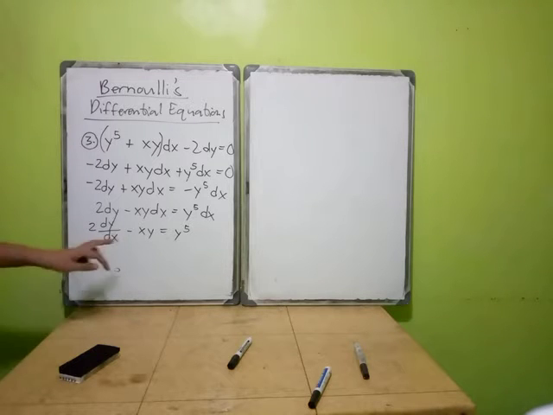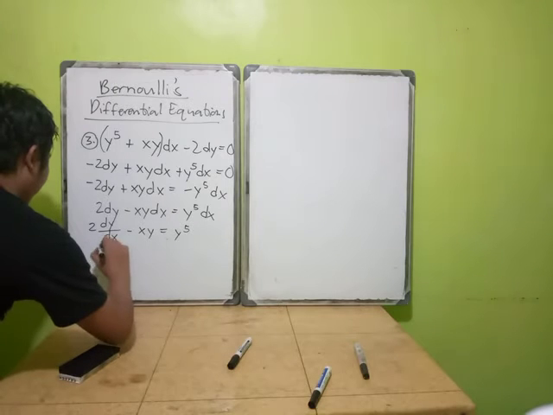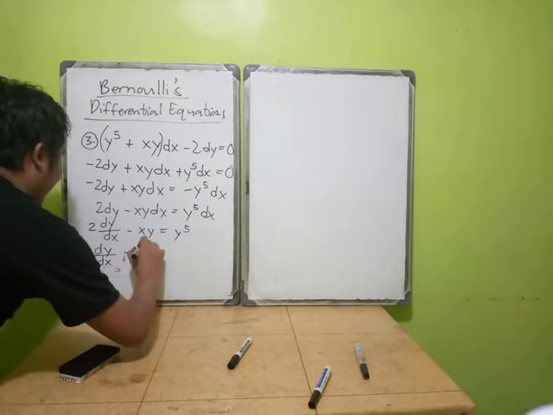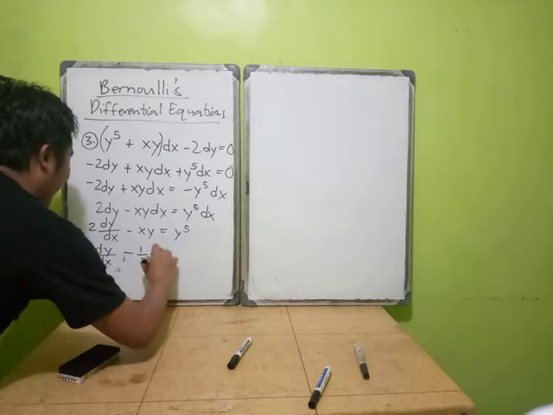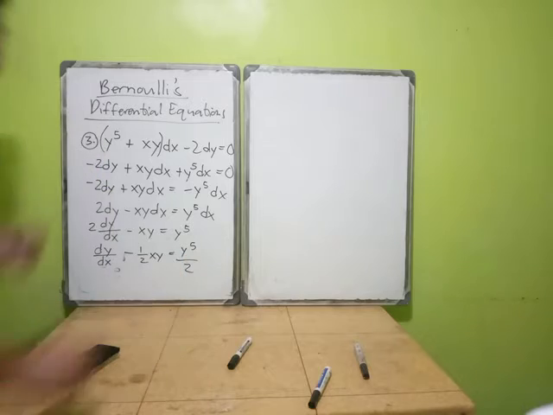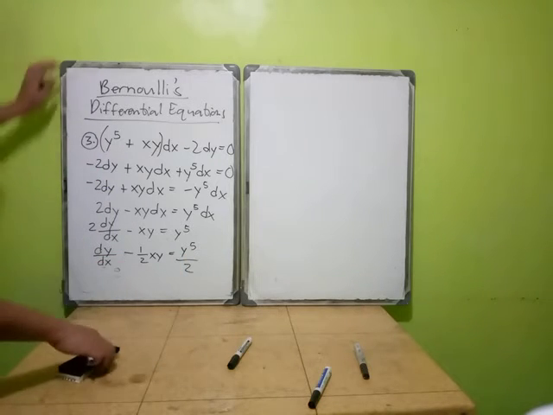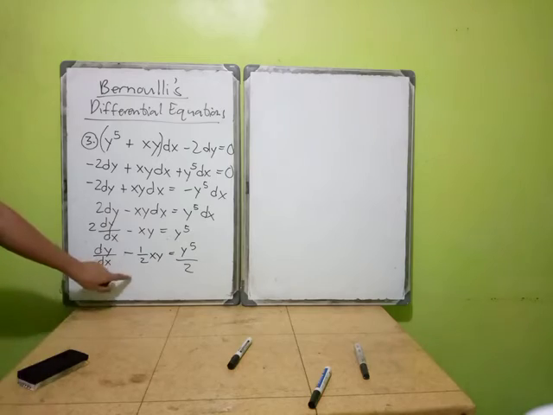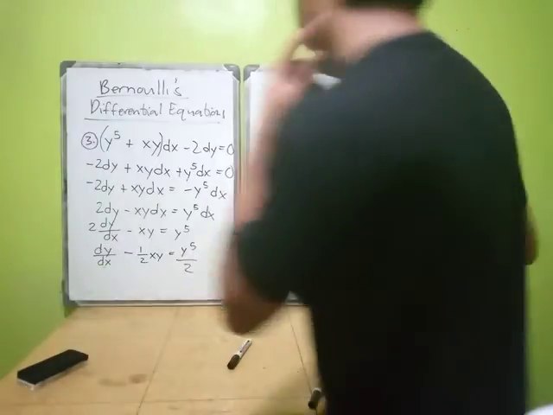So, maybe divide natin by 2 again. So, dy over dx minus 1/2 xy is equal to y to the 5th over 2. Okay? So, therefore, ano nakikita nyo? Isa siyang Bernoulli's differential equation.